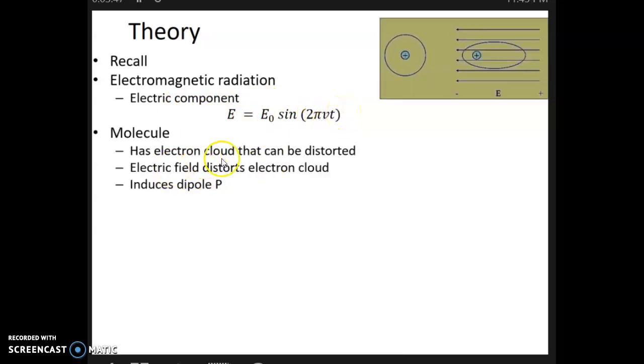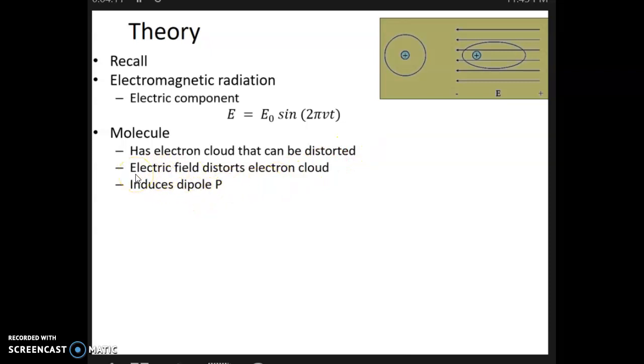The molecule also has an electron cloud. Electrons are negatively charged, and this electron cloud can be distorted by an electric field. Since electromagnetic radiation has an electric component, it can also distort it.